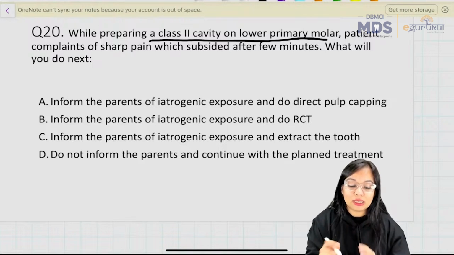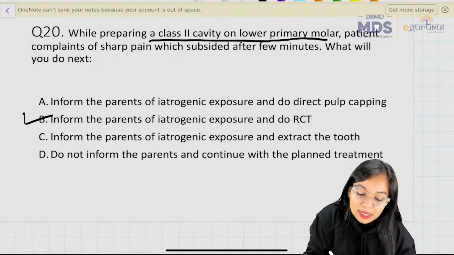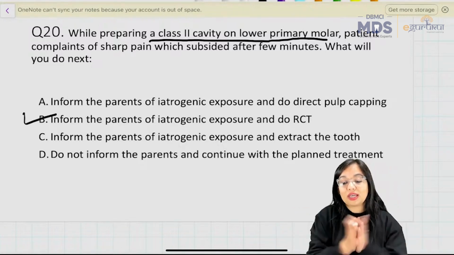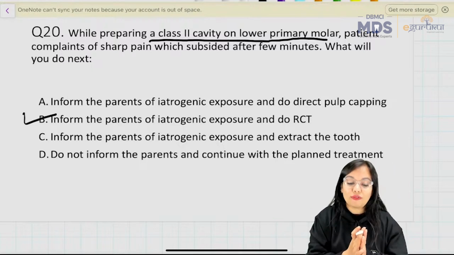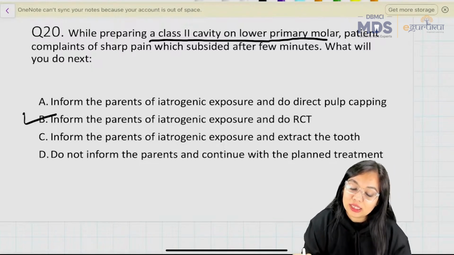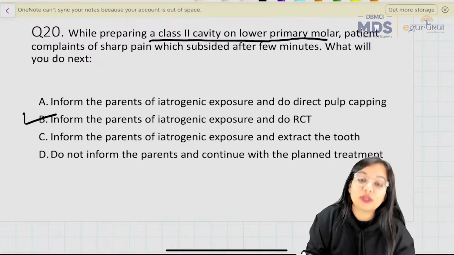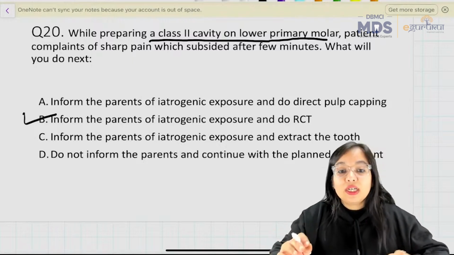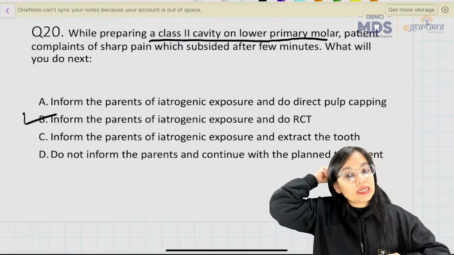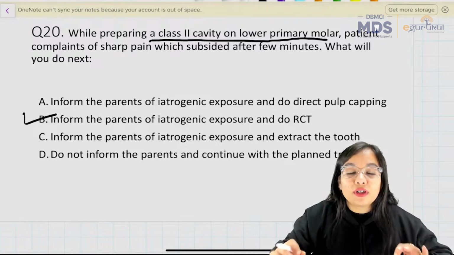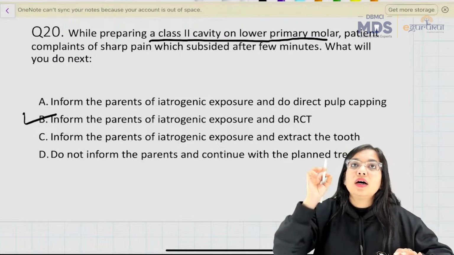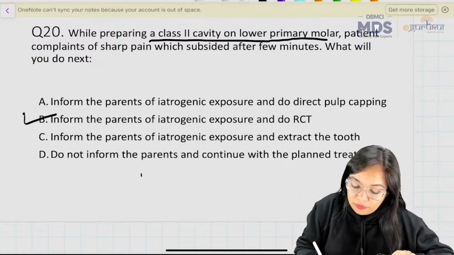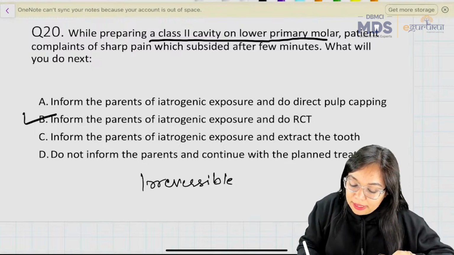So the answer here is inform the parents of an iatrogenic exposure, and you will have to do RCT, which is falsely written here, you'll have to go for a pulpectomy. So you'll have to go for a pulpectomy if there is a sharp pain. So a patient experiencing a sharp pain which subsides after a few minutes is a classic condition of irreversible pulpitis.